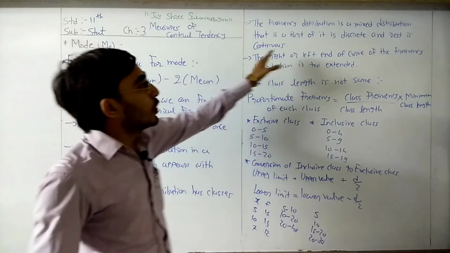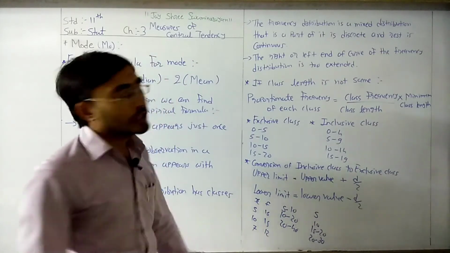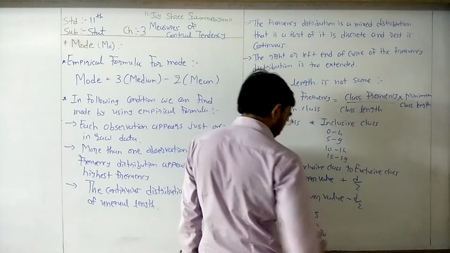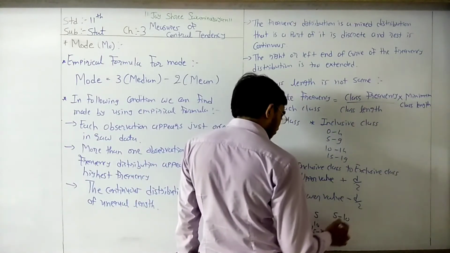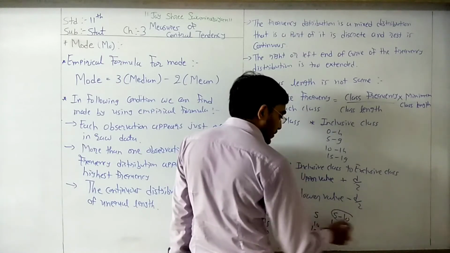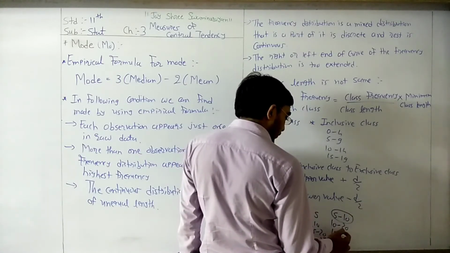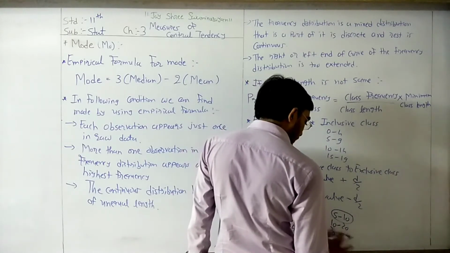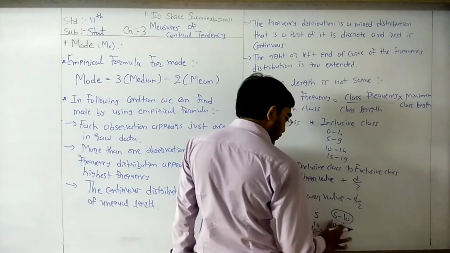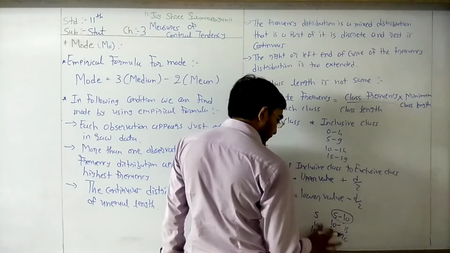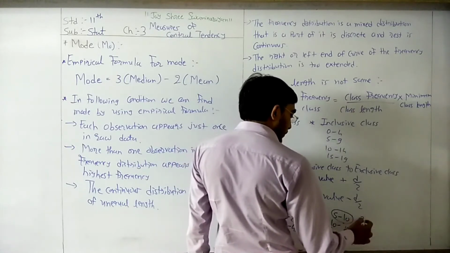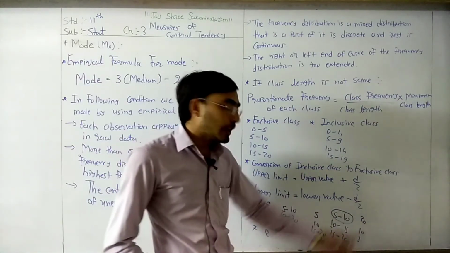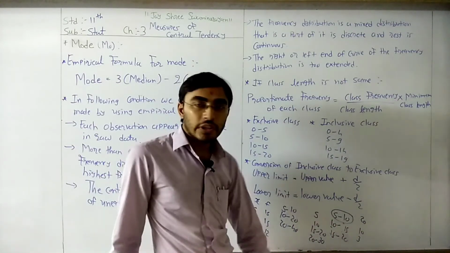Next, the right or left end of the curve of the frequency distribution is too extended. Sometimes what happens, if we have classes 5 to 10, 10 to 15, 15 to 20, with frequencies 20, 10, 3, then our highest frequency is 20.